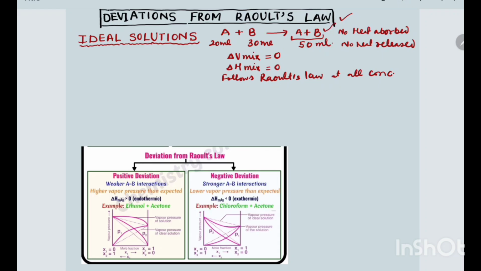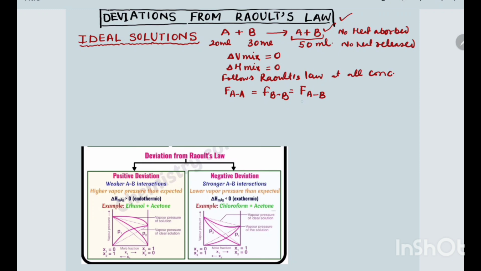Now, why does this happen so? This happens because the force of attraction between the particles of component A is equal to the force of attraction between the particles of component B, and which in turn is equal to the force of attraction between the particles of A and B when they are mixed together to make the solution.